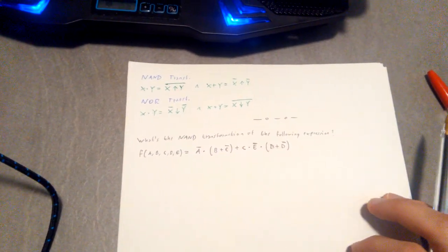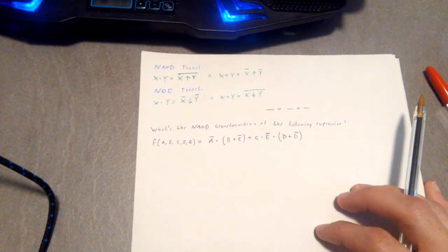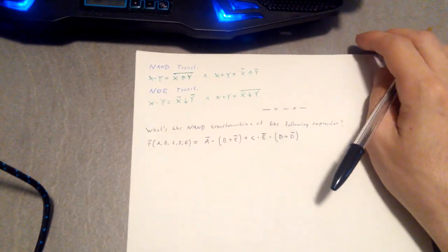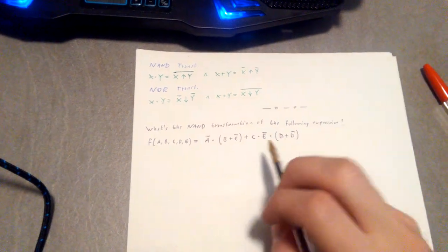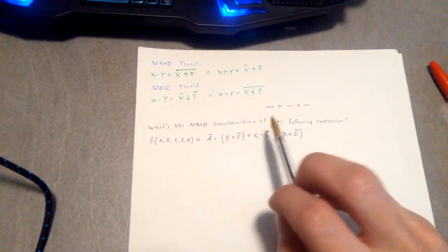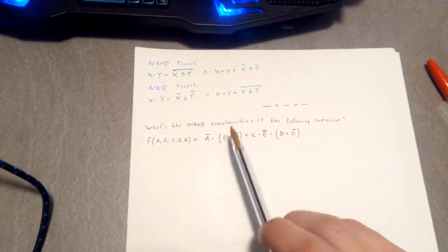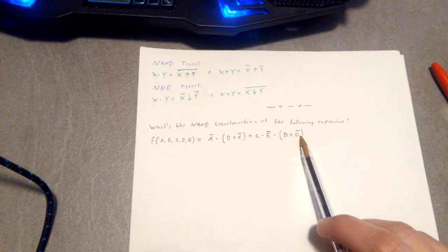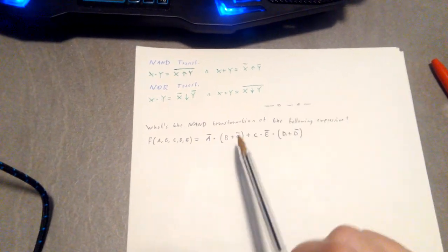We start by writing this down. First of all, I'm going to get rid of the things inside the parentheses, b plus c not and b plus d not.